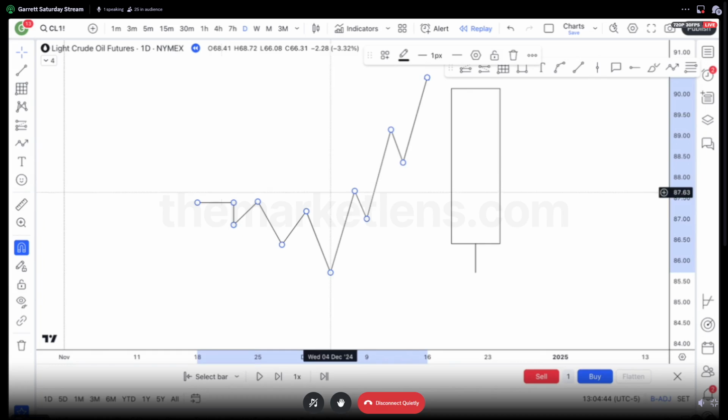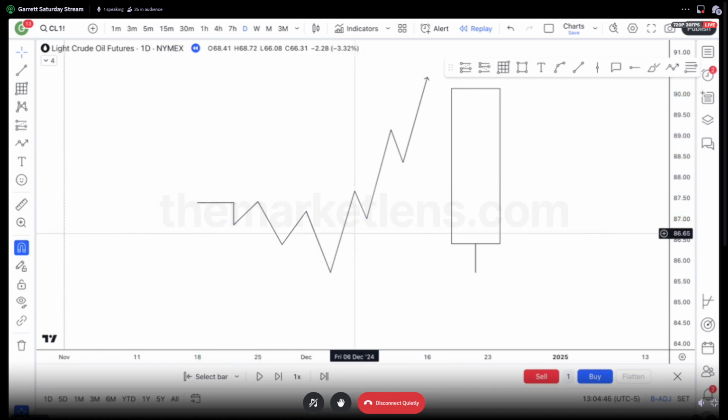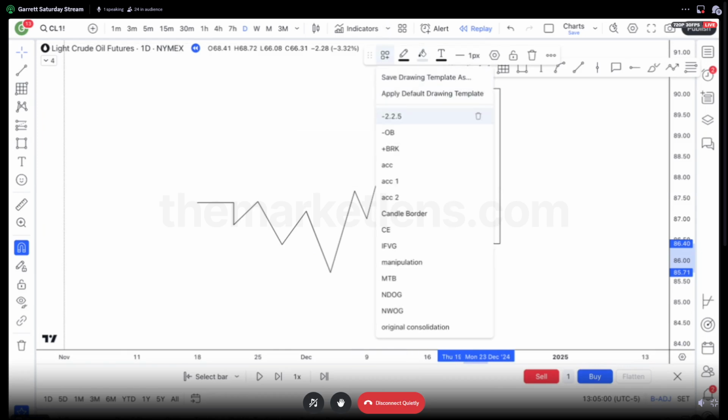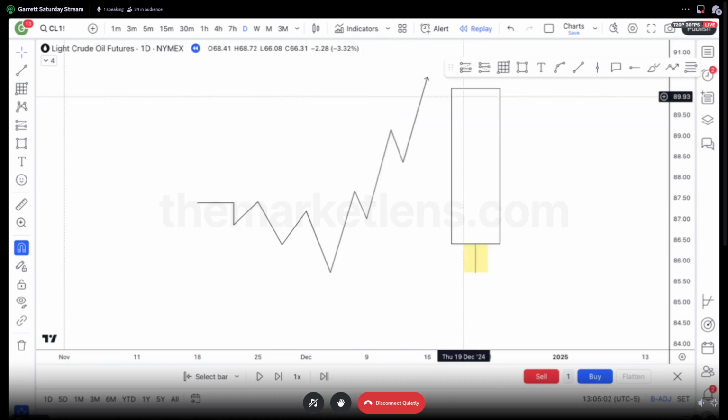So what's the logic behind this? You can really only anticipate expansion when you manipulate, because that's what happens after manipulation: manipulation, distribution. If the manipulation creates that small wick, what does that support? Expansion. So the candle that I'm trading within supports the idea of manipulation into expansion.